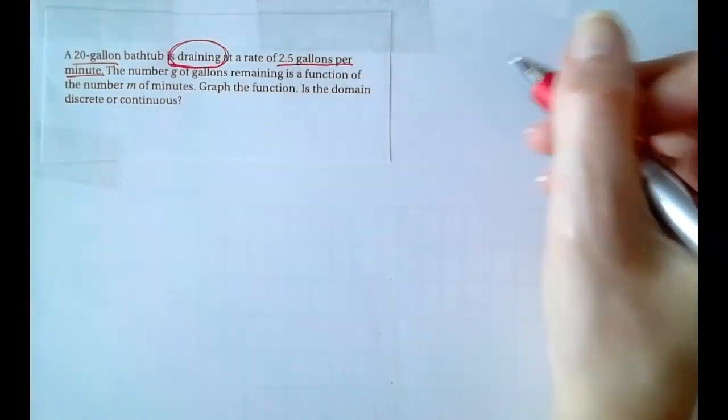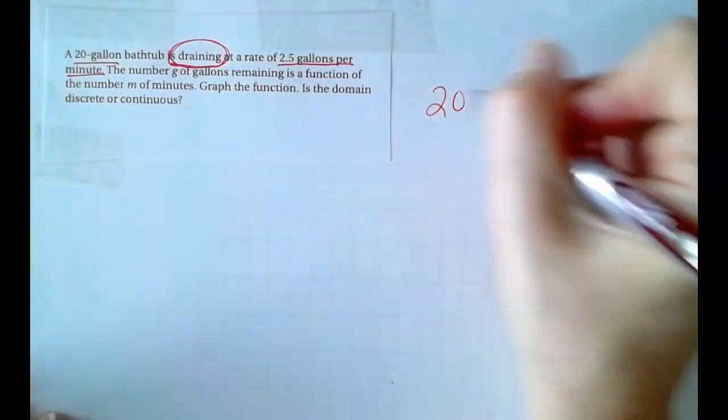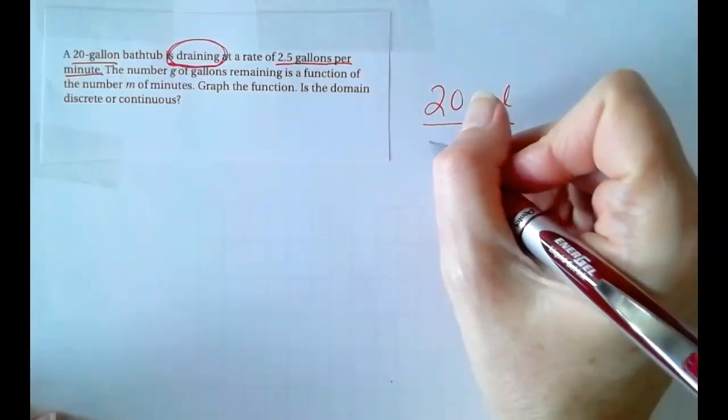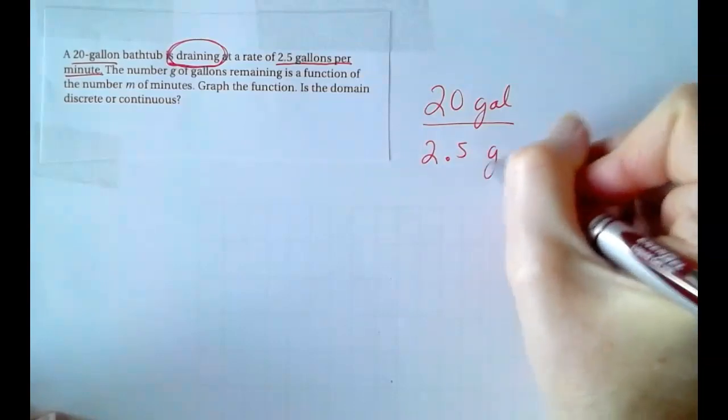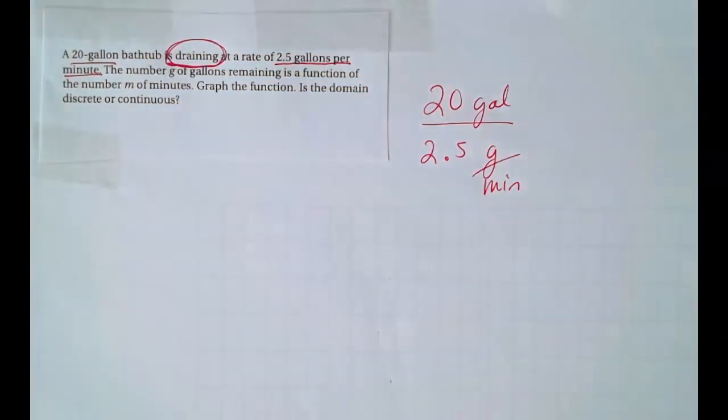So let's write that rate. We talked all about rates in chapter 1. So 20 gallons, and we are losing 2.5 gallons every minute.